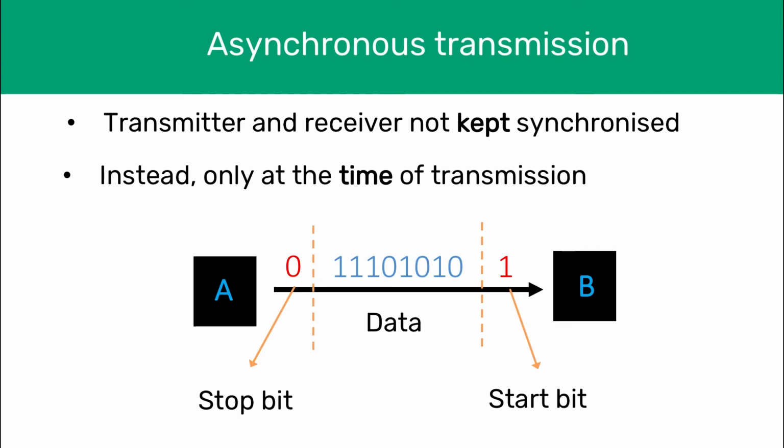If more than a byte needs to be sent, another start bit will have to initiate it, so the process repeats. The advantage of asynchronous transmission is that you can send data whenever it is ready, rather than having to wait for the system clock to align. However, you require 2 more bits to be sent than you would if synchronous transmission was used.